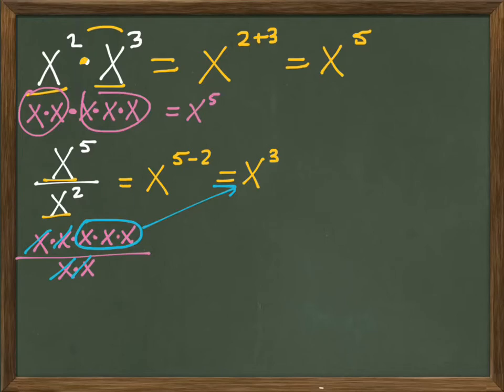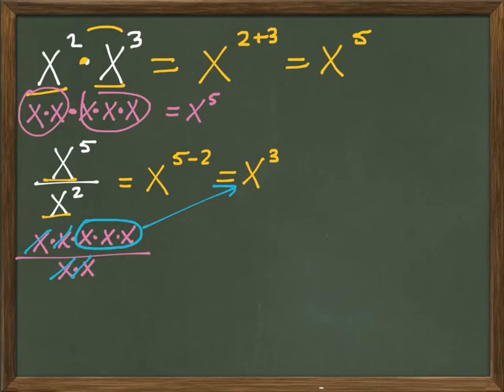But rather than having to separate it all out, we just have this property of exponents, where if you're dividing two terms with the same base, you subtract their exponents. So it's x to the third. Those are the multiplicative properties, or the product property, and the quotient property.